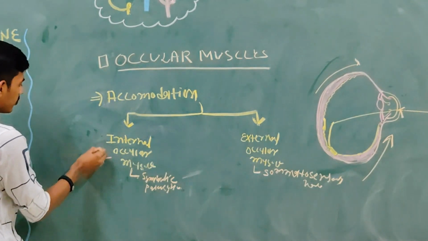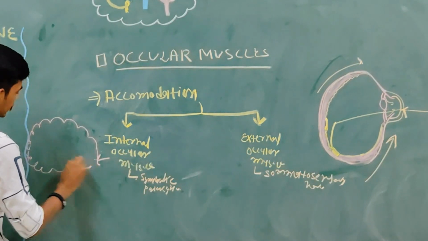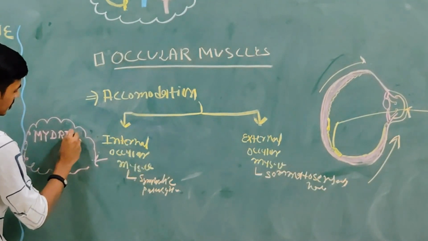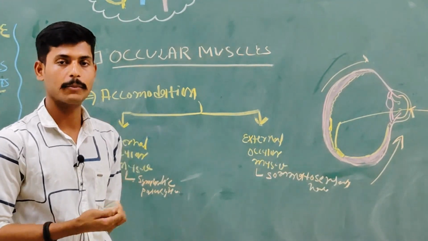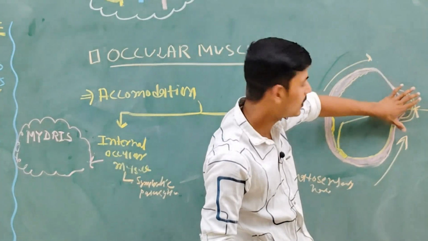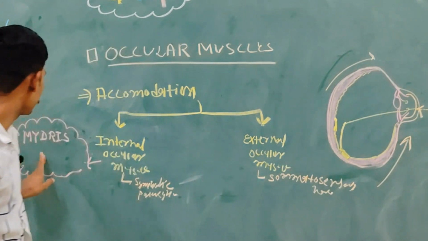Take one example. That condition is called mydriasis, pathological mydriasis. It is an abnormal dilation of the pupil. Understood? It is the abnormal dilation of the pupil.